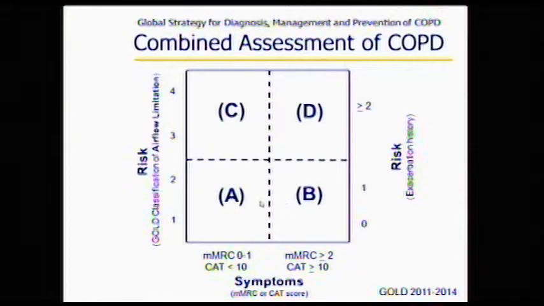And based on this, you define A, B, C, and D. And as was already been shown this morning, it's a problem because when you try to assess future prognosis with this classification, you have a problem between B and C for the prognosis. And the problem is mostly due to comorbidities. So I would suggest that this, which was obtained by consensus, but not based on real data, is inappropriate, and it's inappropriate for several reasons.